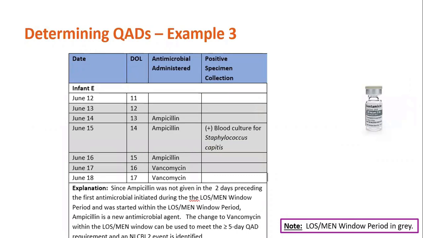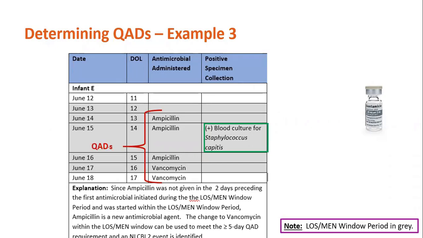In our final example, we have infant E. Infant E had a Staphylococcus capitis positive blood culture on June 15th and day of life 14 that created a June 13th through June 17th late onset sepsis men window period.